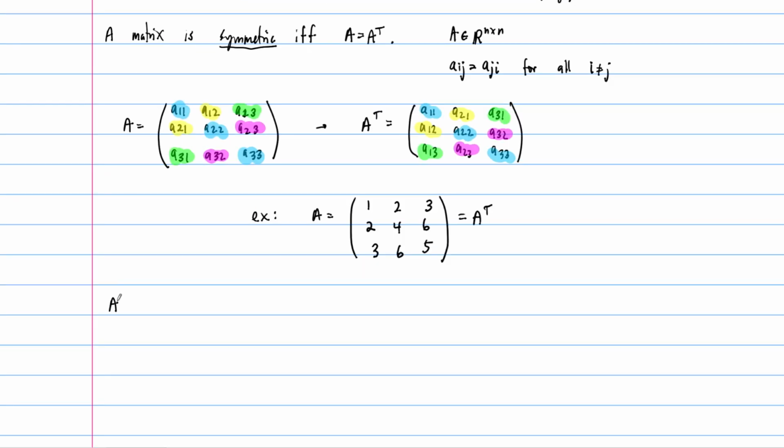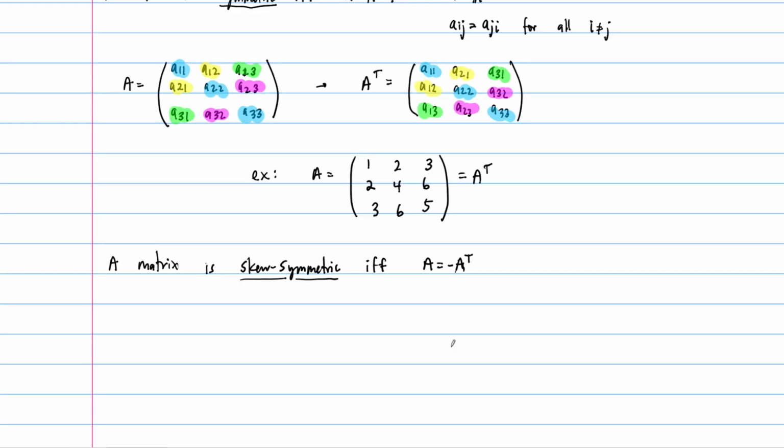Okay, there's another definition here. A matrix is said to be skew symmetric, and I won't work this one out in the same detail as the last one, if and only if A is equal to the negative of A transpose, or you could say A transpose is equal to minus A. In terms of the elements, this means that Aij has to equal minus Aji for all ij.